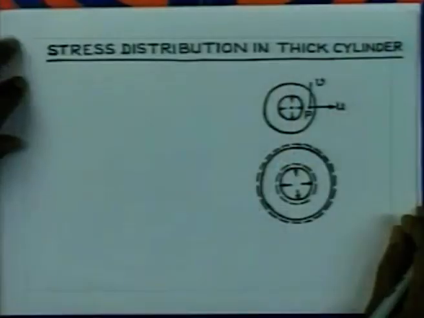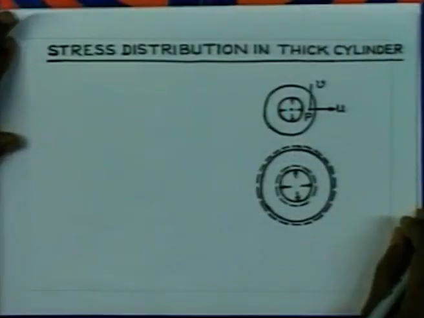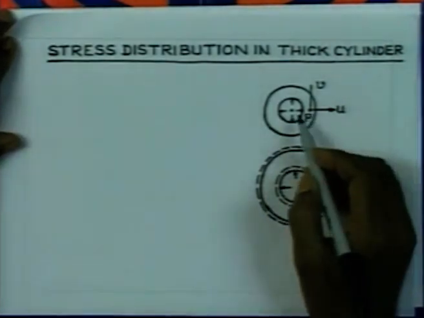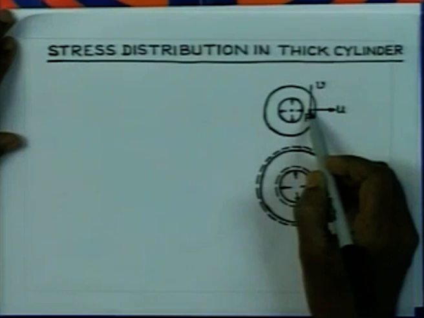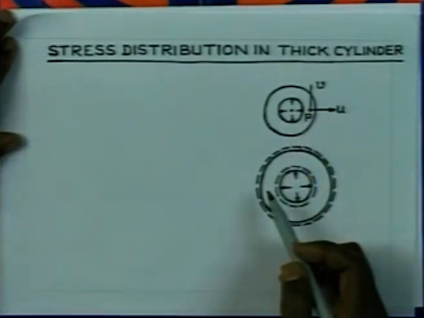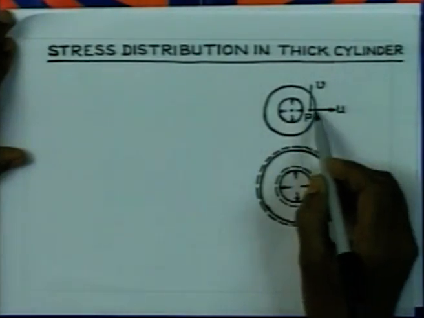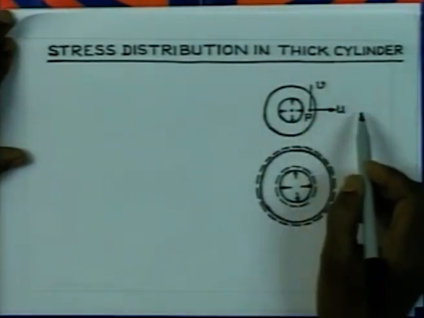Now, as I have mentioned, while you are trying to consider the stressing of a thick cylinder, the deformation is axisymmetric, thereby meaning that a point in the wall is going to move under the action of the pressure loading radially outward.